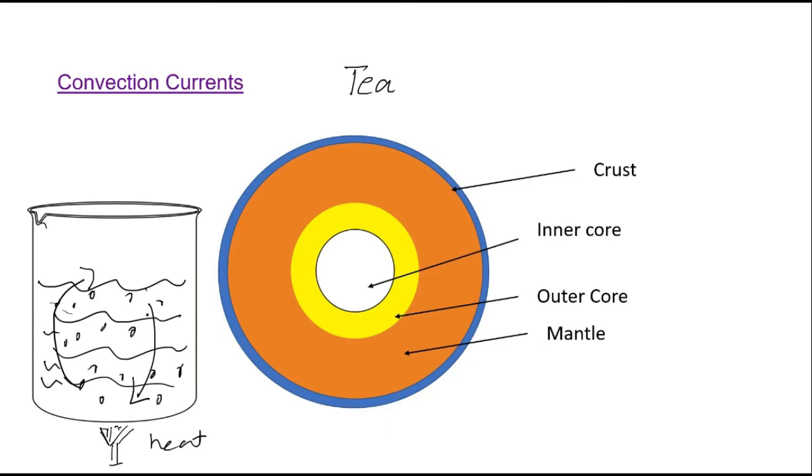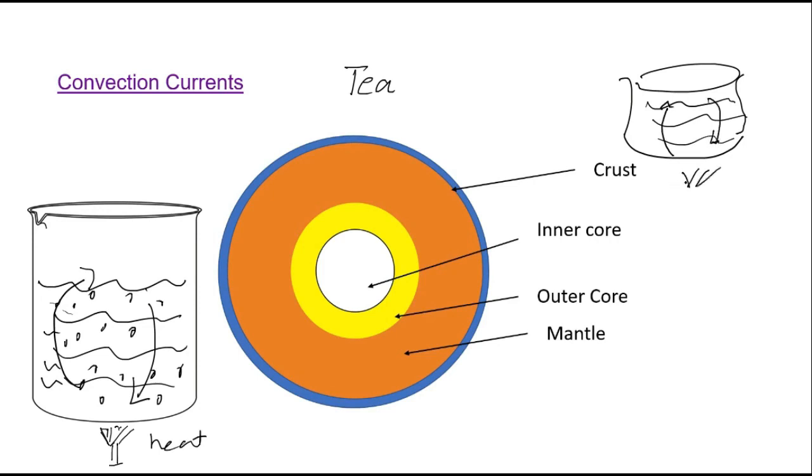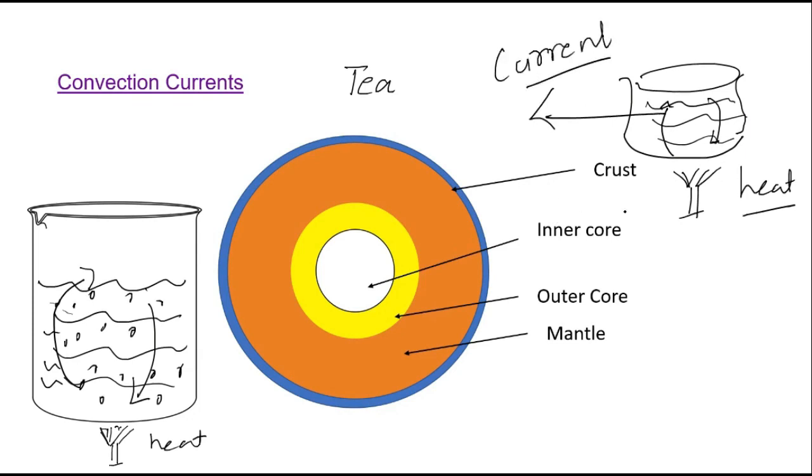We observe this because the tea powder is visible. Otherwise also, whenever you boil water in a container, the same force, upward and downward, will be there when you start heating. This is what is called a current. Don't confuse it with electric current. It's a force, a kind of push.